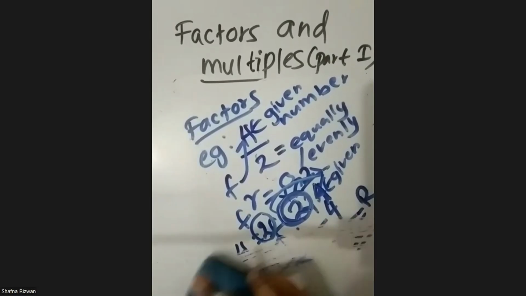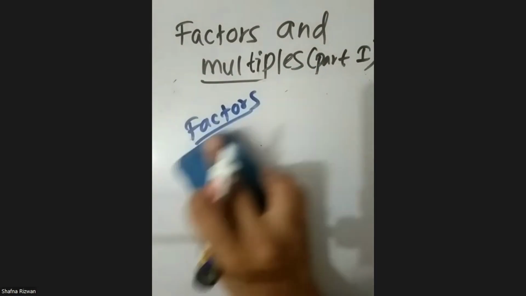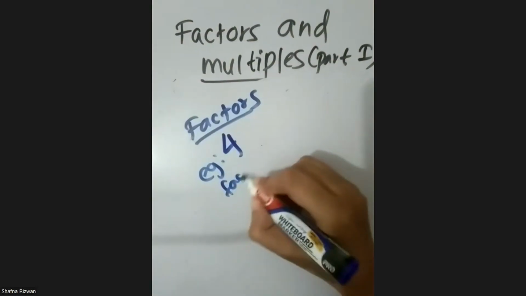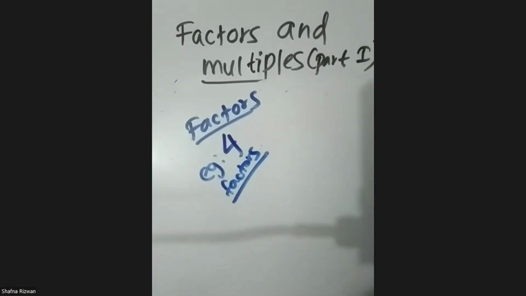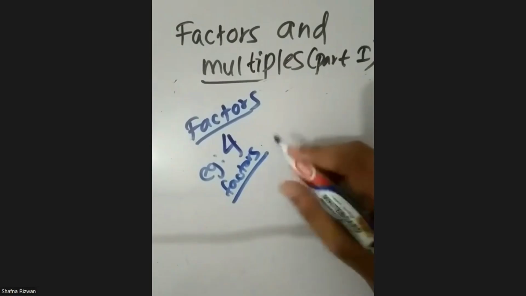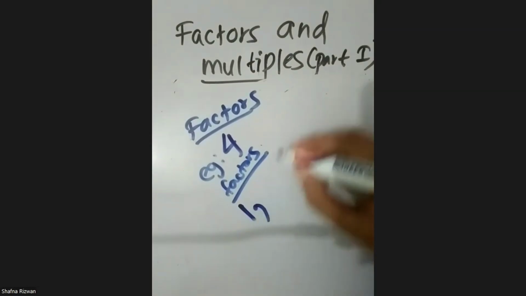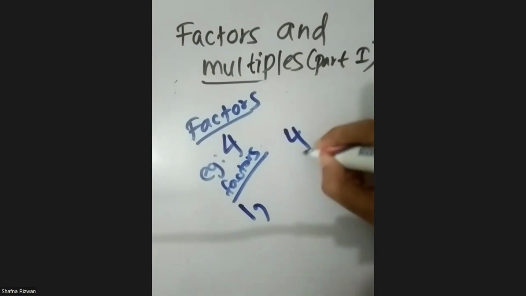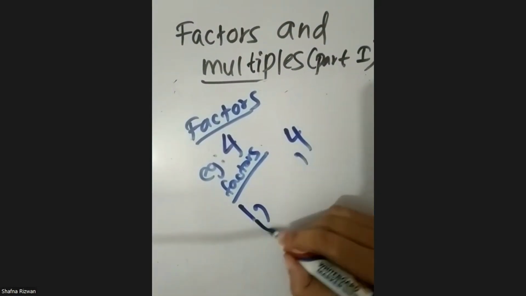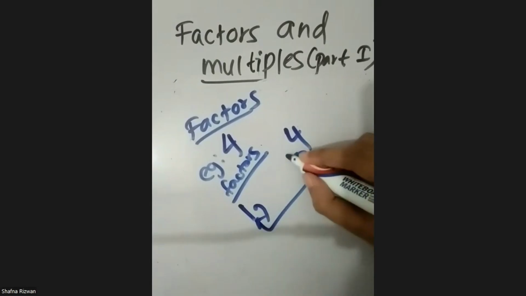And remember another thing: for any number you will always have two factors. What are those two factors? That is 1 and the number itself, and these two will become a pair.